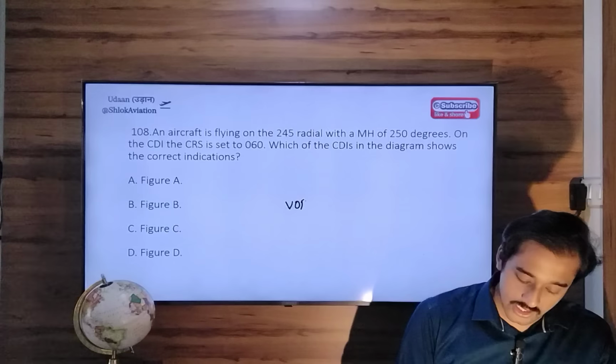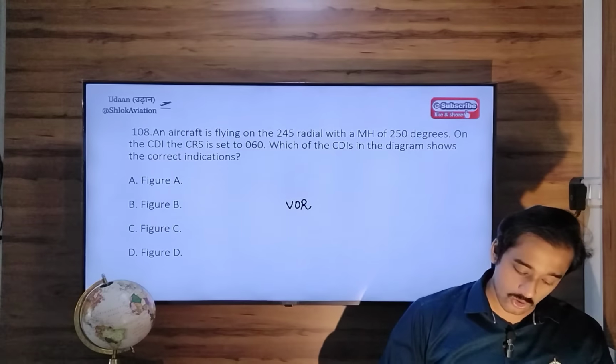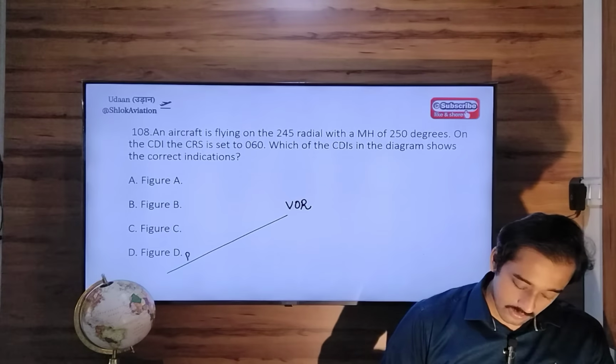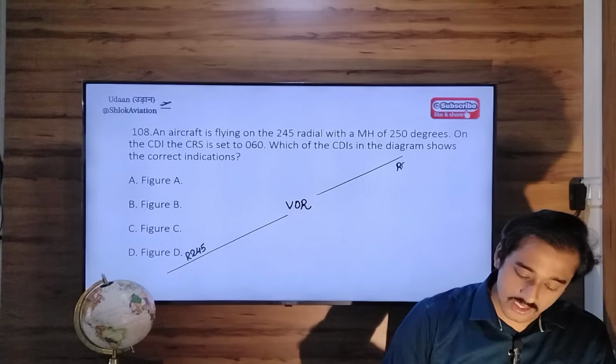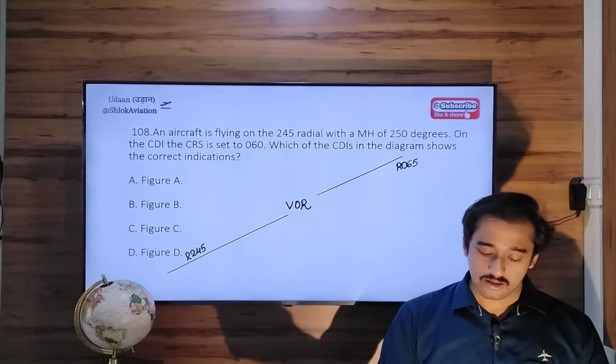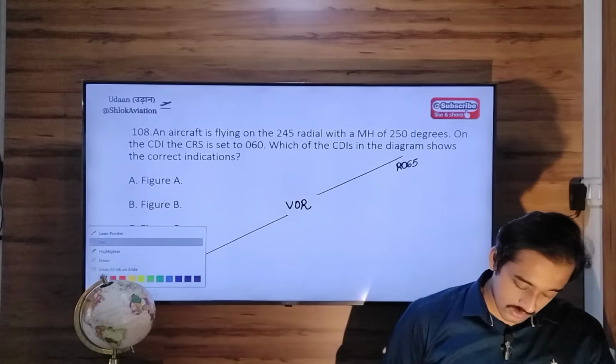This is your VOR station. Aircraft is on radial 245. The reciprocal of 245 is 065. Heading of aircraft is 250.